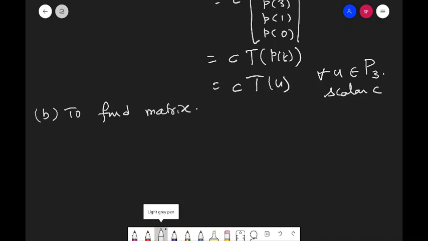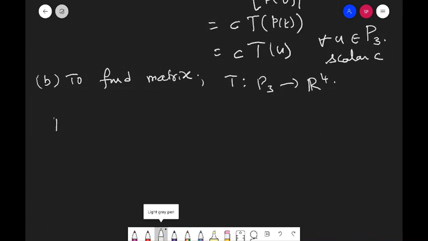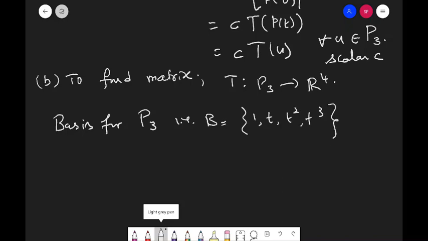Relative to what? It is T from P3 to R4. And the bases are given. The basis for P3, that is B, is given as the standard basis only. They have given 1, t, t square, t cube.